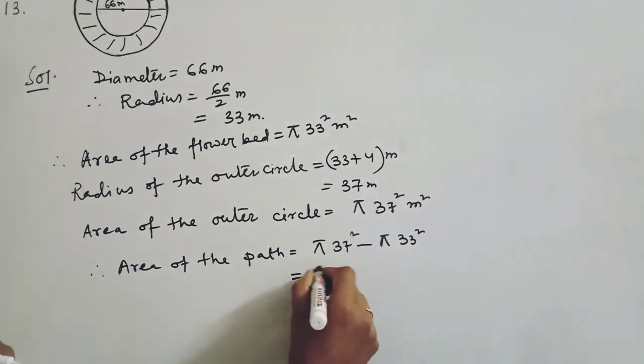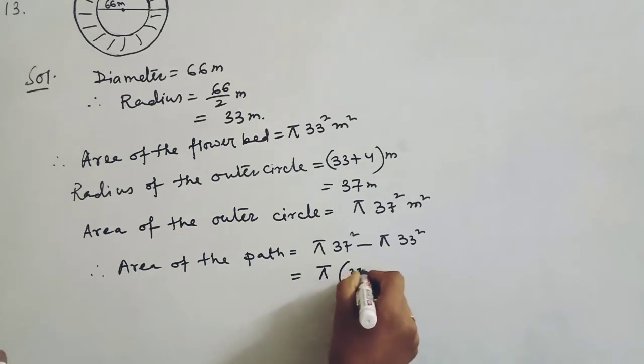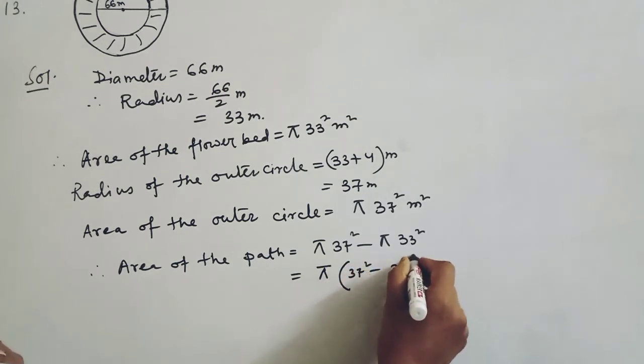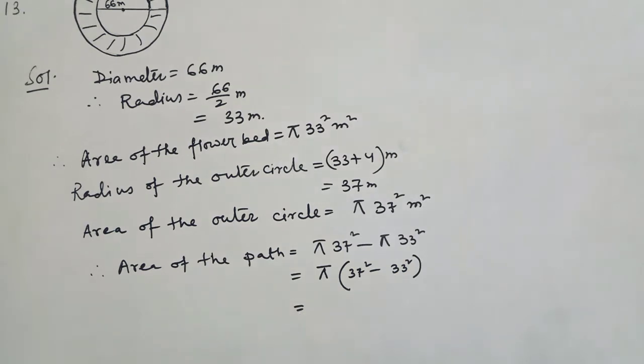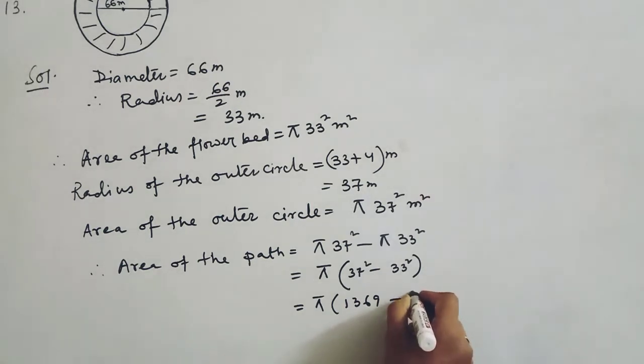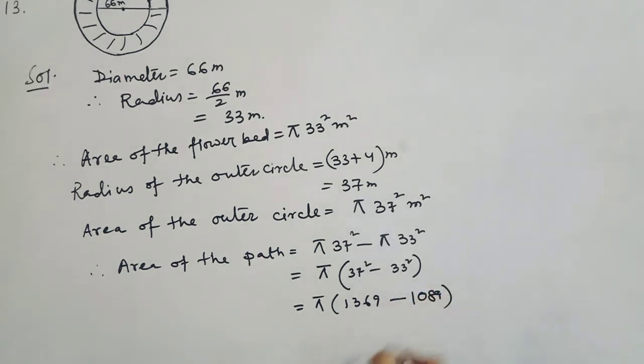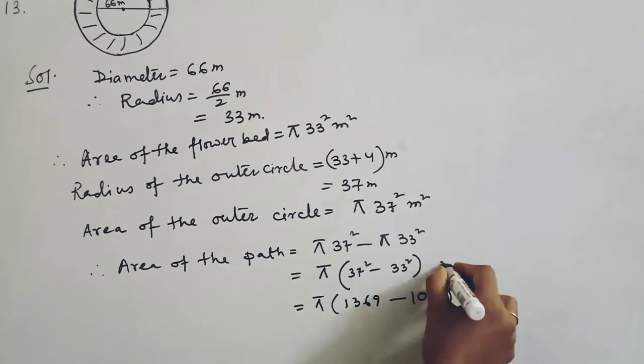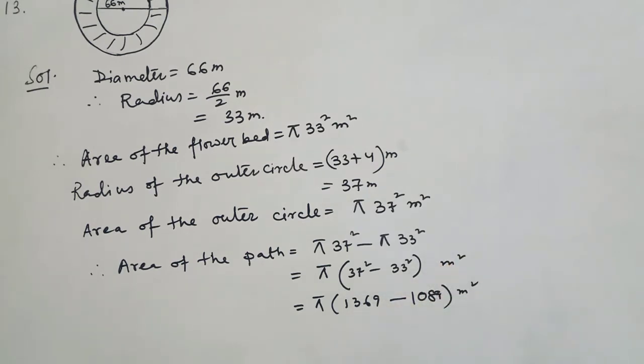If you take pi as common, then pi into 37 square minus 33 square. 37 square means 37 into 37, it will be 1369, minus 33 into 33, if you multiply you will get 1089 meter square, because it is the area of the circle.